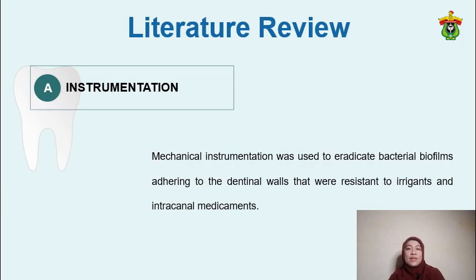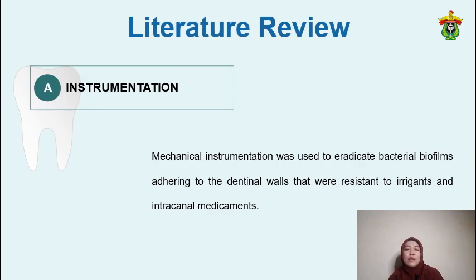Mechanical instrumentation was used to eradicate bacterial biofilms adhering to the dentinal walls that were resistant to irrigants and intracanal medicaments, but generally not recommended for regenerative endodontic procedure because instrumentation makes the dentin walls of immature permanent teeth thinner.